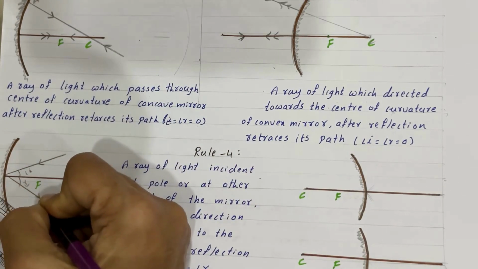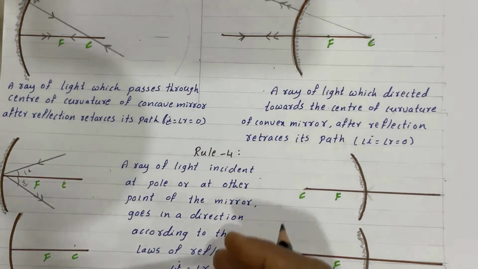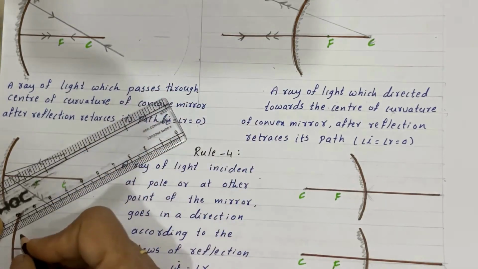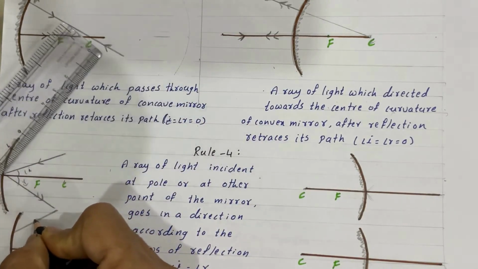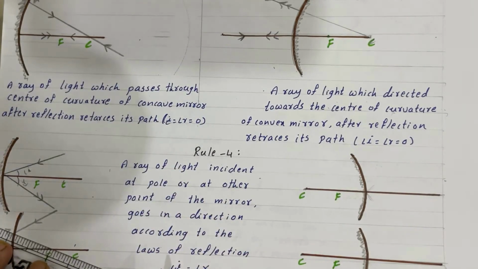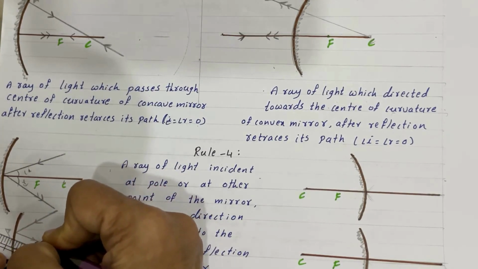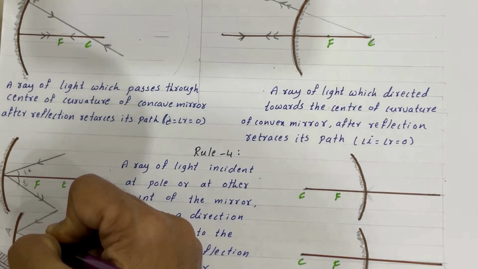This is the direction of the reflected ray. Or suppose at any other point, this is the point A, then this is the direction of the reflected ray.